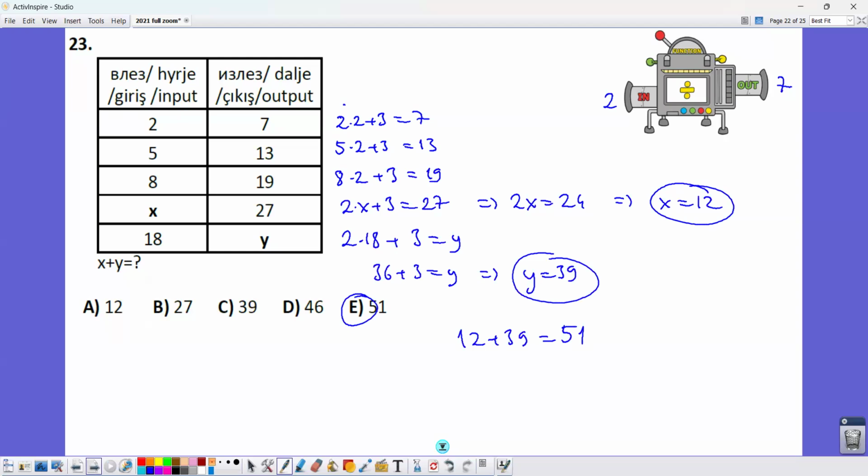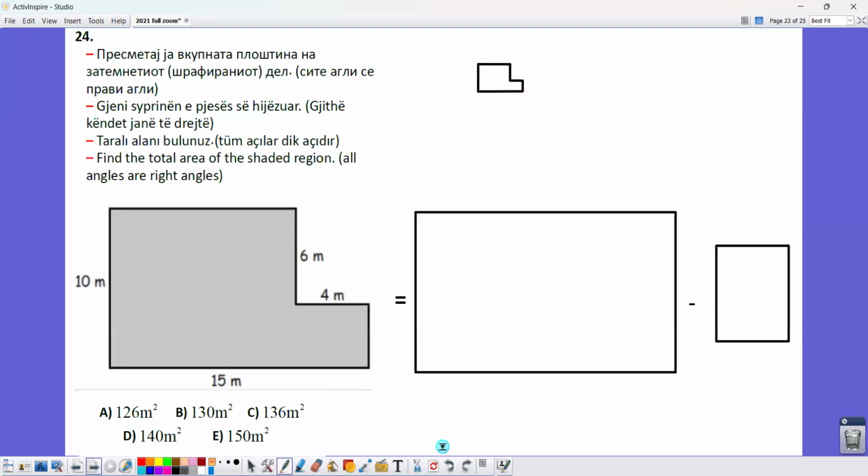This is the 23rd one. When we are coming to the 24th one, find the total area of the shaded region. We need to find the area of this region. All angles are right angles. So here you can separate this into two rectangles and add them.